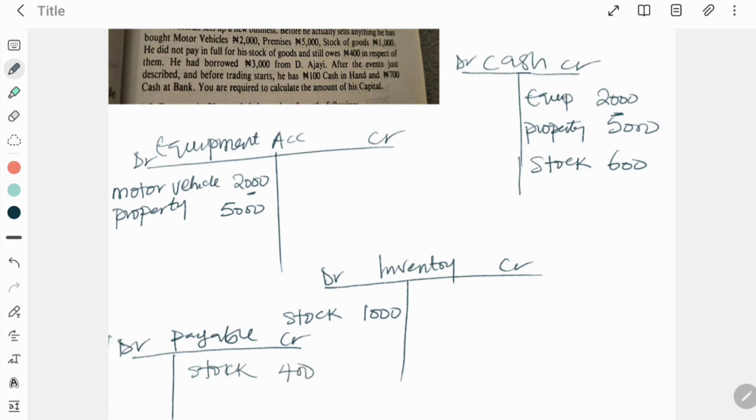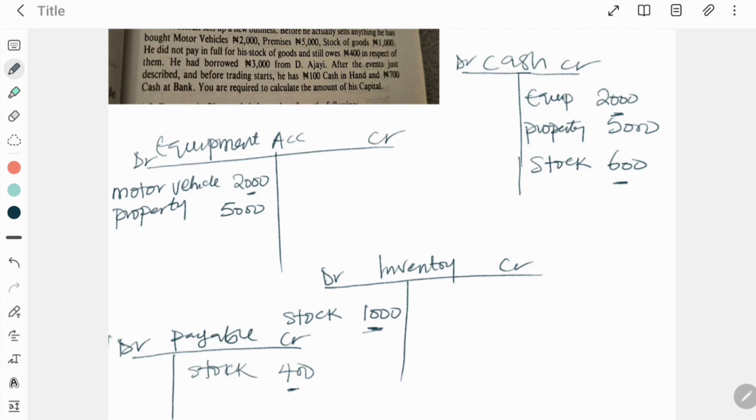You see, to match this 1,000 naira inventory that we purchased, 600 went out from our cash account, and 400 naira we're still owing. Once we make payment of this 400 naira, we're going to debit it. But at the moment, we haven't paid this 400 naira to whoever we purchased this inventory from.